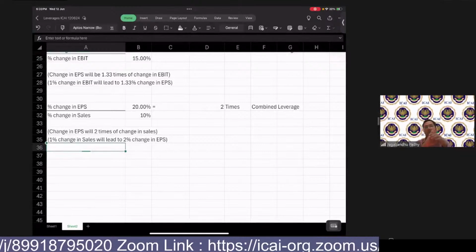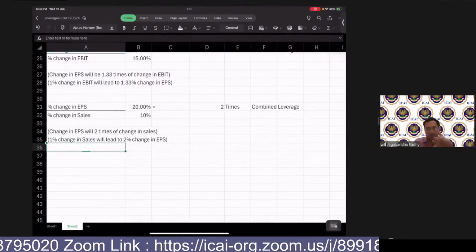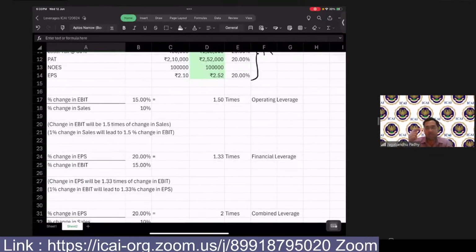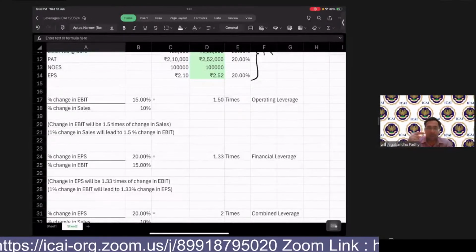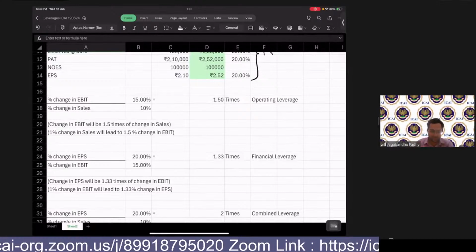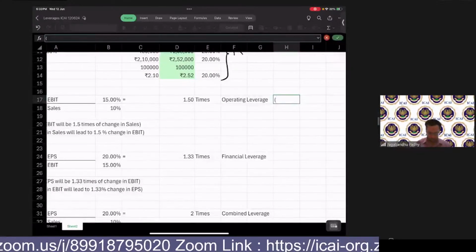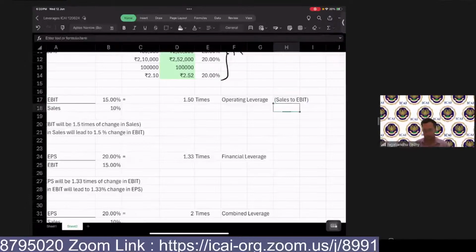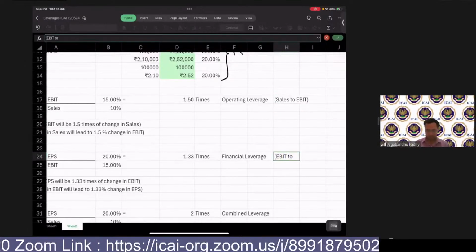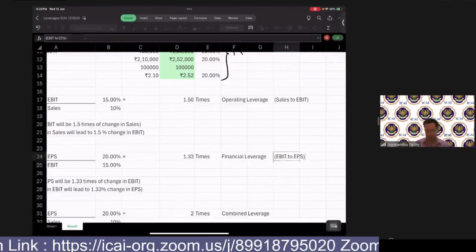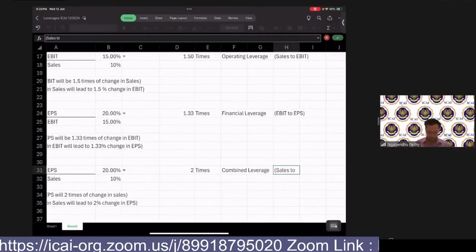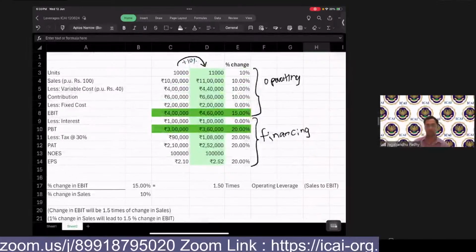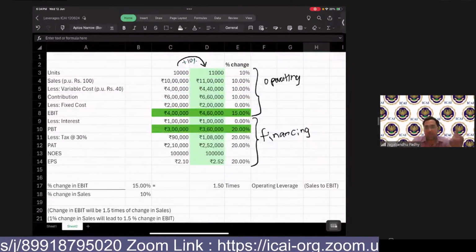So I've got three leverages: operating leverage, financing leverage, and combined.